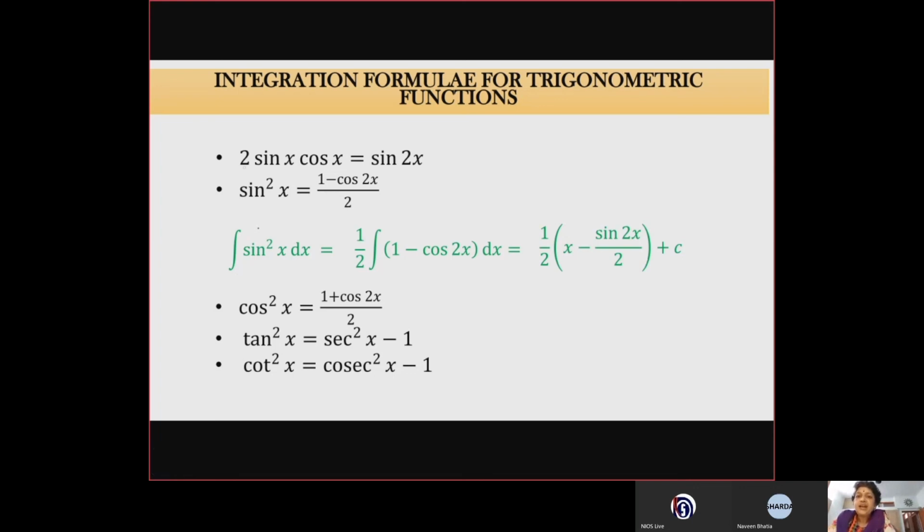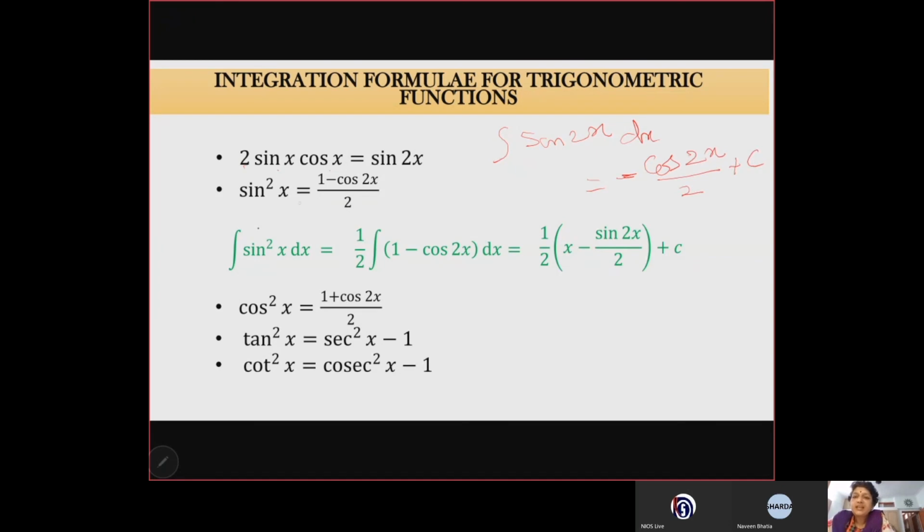Like for example, if I have 2 sine x cos x, it can be written as integral sine 2x. So integral of sine 2x would be minus cos 2x by 2 plus c, right?